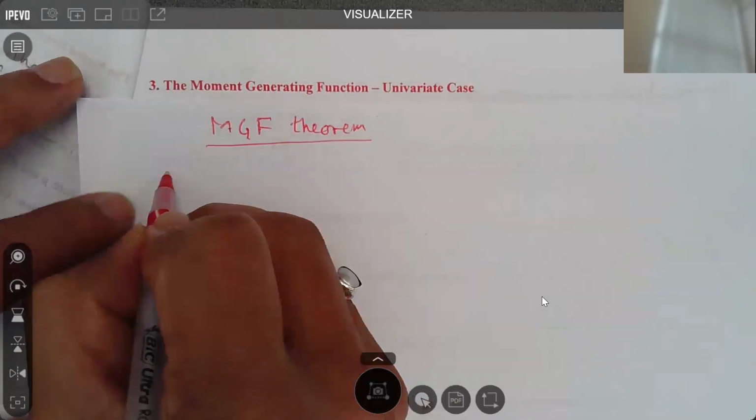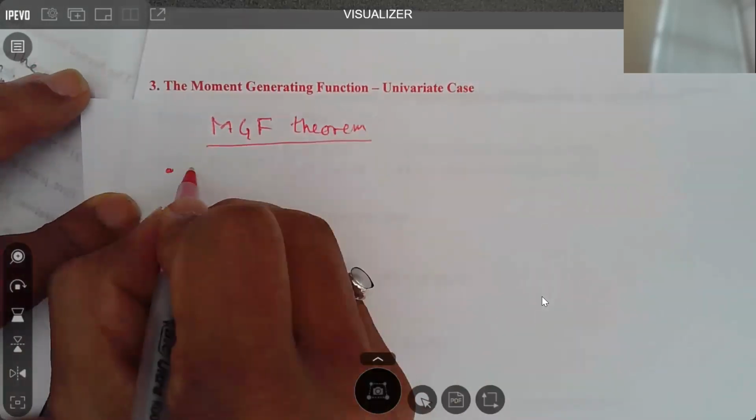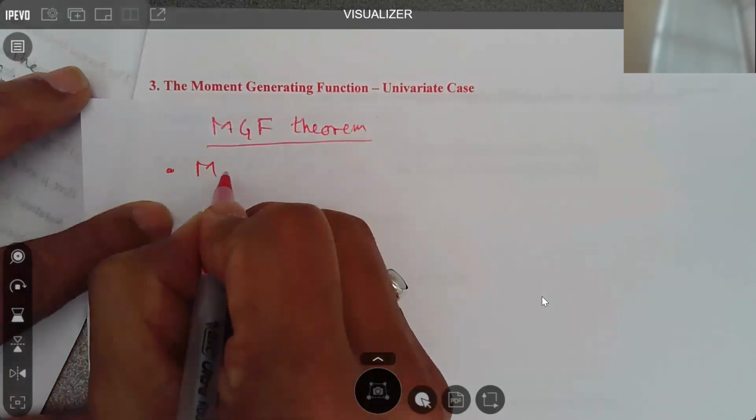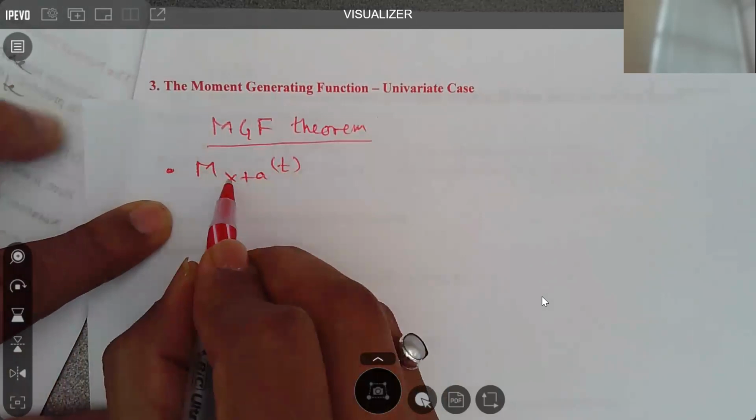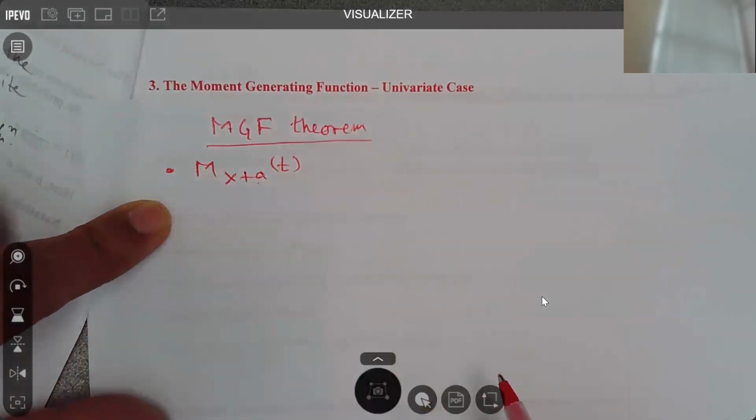Okay. So one theorem is that M_{X+a}(t). So X plus a is a new random variable, right? It means that it is a change of the origin. You add a constant number to the random variable.